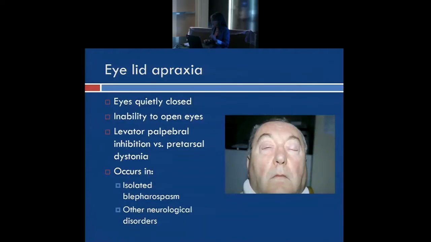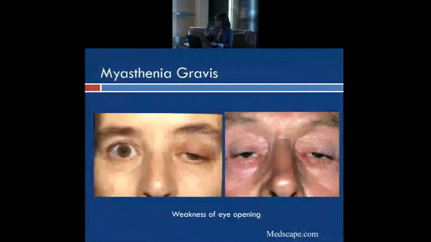This can occur sometimes in isolated primary blepharospasm, but is also seen in multiple other neurological disorders, including progressive supranuclear palsy.